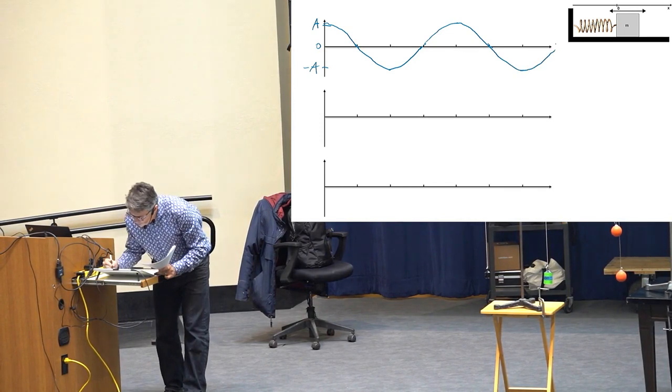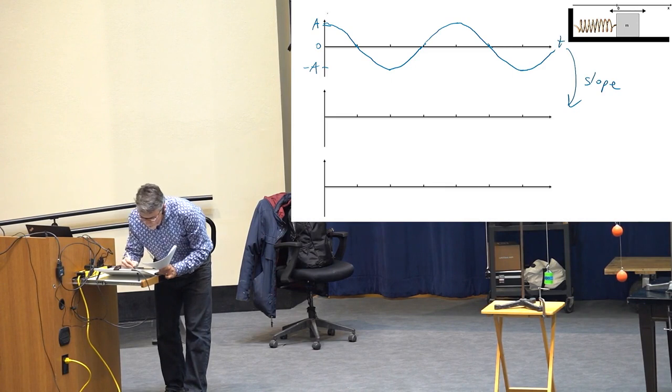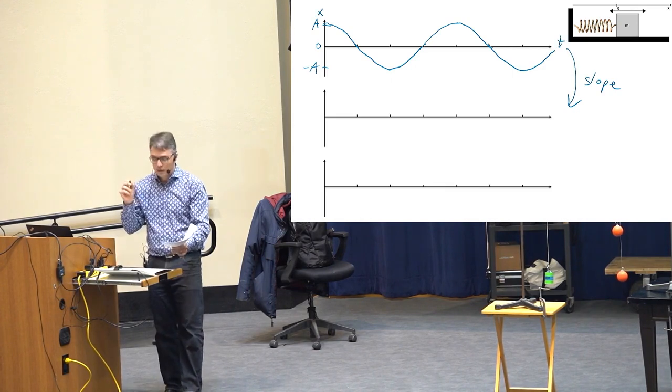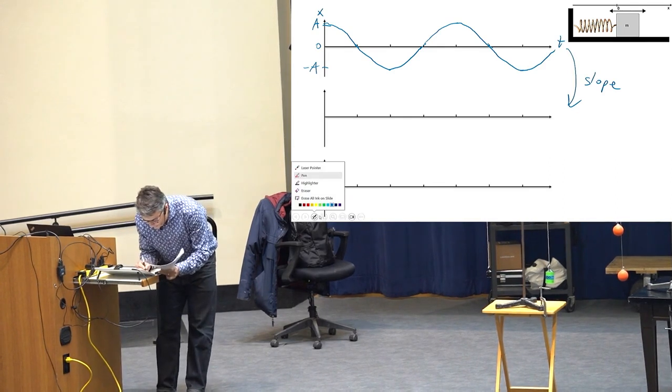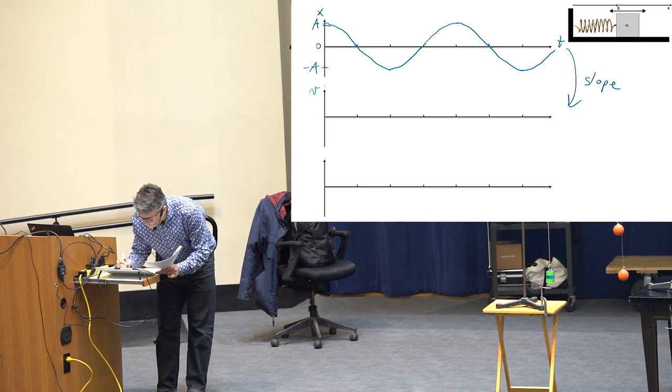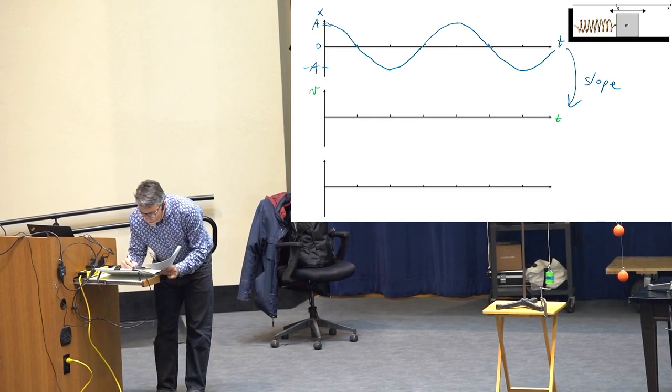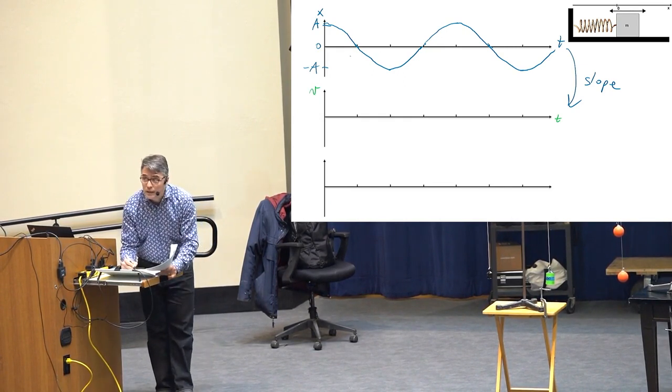So if you look at the slope of this, by the way, this is time versus x. The slope of x versus t is called the velocity, and we'll go to green for that. So v versus t. When it passes through 0 is actually when it's most slopiest.